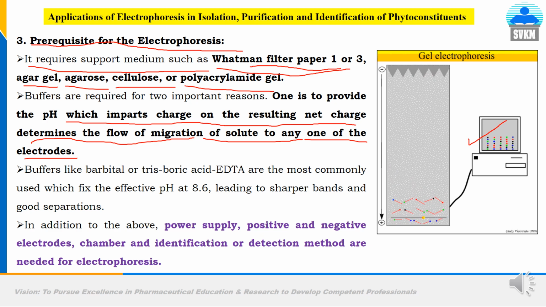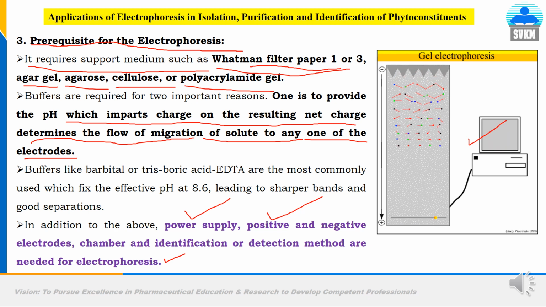In addition to the above, the other important requirements are a power supply, positive and negative electrodes, a chamber, and identification and detection methods for electrophoresis. So what will you need? You will need a proper supporting medium made up of Whatman filter paper, agar, agarose or cellulose, a buffer solution to maintain the pH at 8.6, and of course a power supply and positive and negative electrodes at both ends.